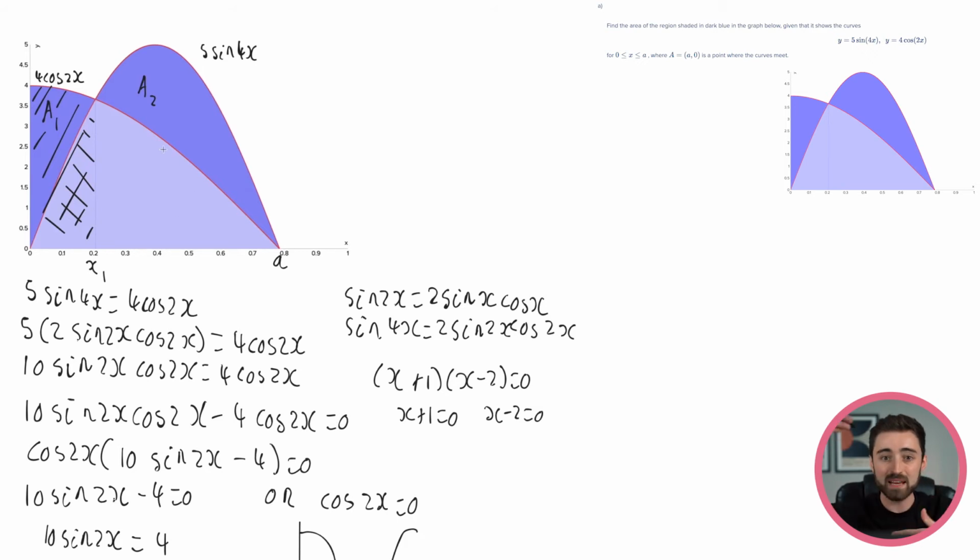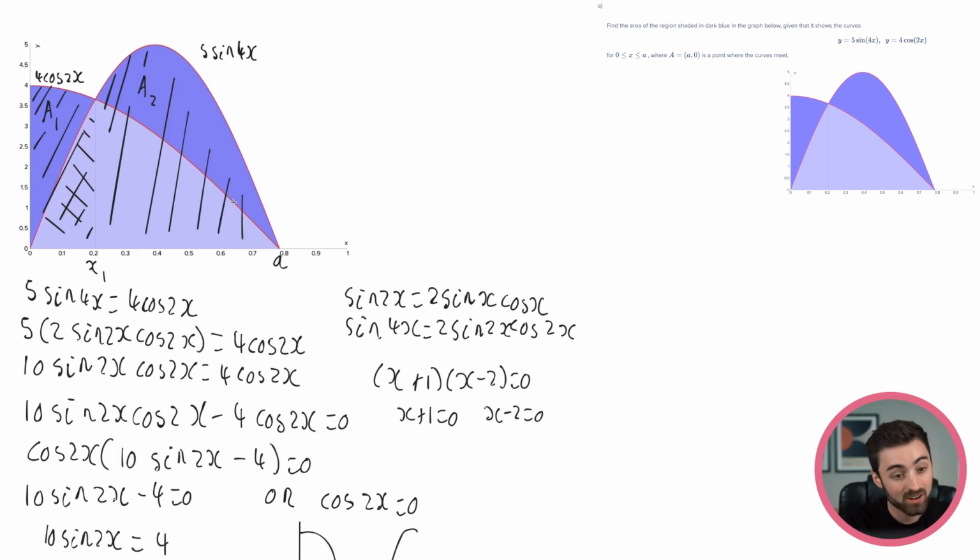So for A2, it's flipped, isn't it? Because A2 is everything under the sine graph, all of this here. And then I need to take away all of this in light blue, which just so happens to be the area under the cos graph. So I think the end might be in sight here.